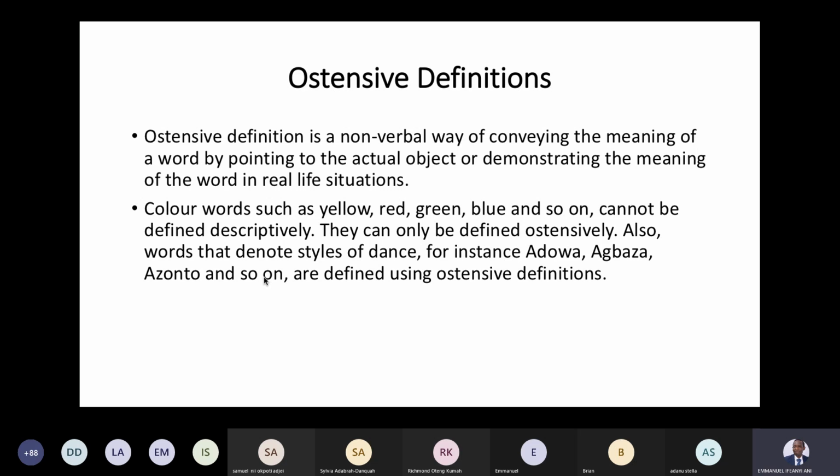You don't know what to write about yellow as the meaning of yellow. They can only be defined ostensively. Also, words that denote styles of dance. So certain styles of dance, for instance, Adua, Azonto, and so on, are defined using ostensive definitions. So you cannot say Azonto means this, because it's a body movement.